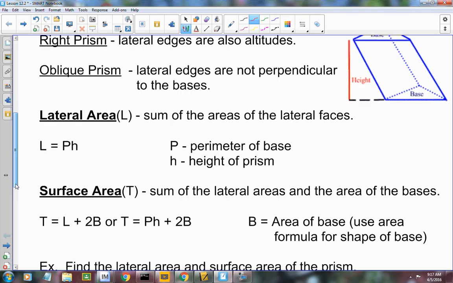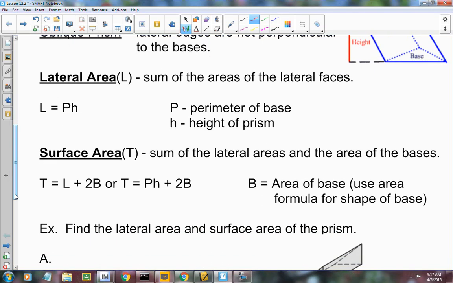Your total surface area, which some folks refer to as T, some refer to as SA, is the sum of the lateral area and both bases added together. So that formula is the lateral area plus 2 times the area of the base.